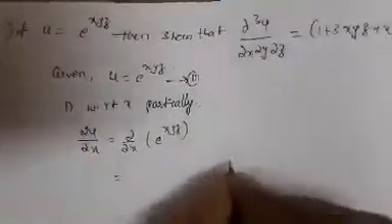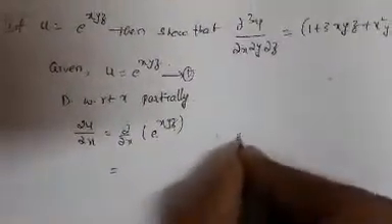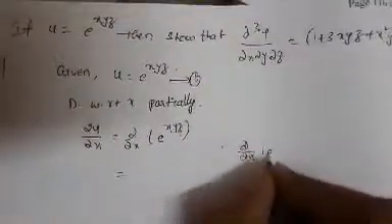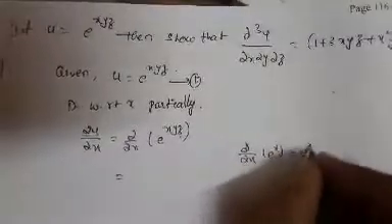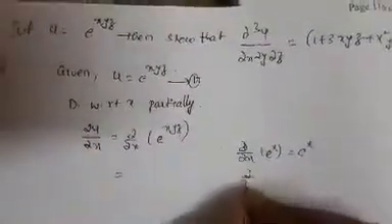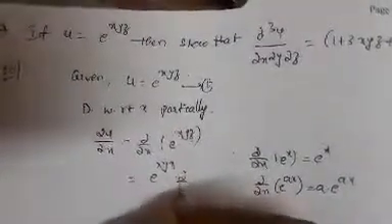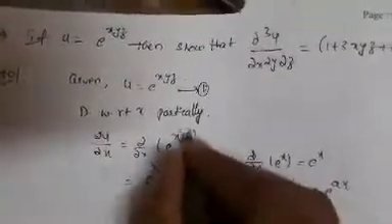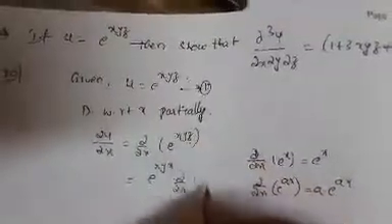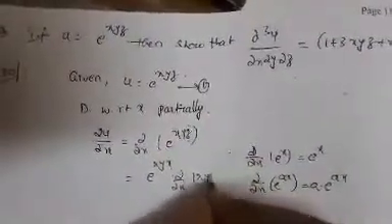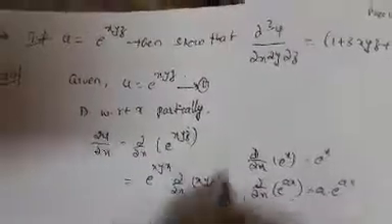So ∂/∂x of e power x equal to e power x. In the same way, ∂/∂x of e power ax equal to a into e power ax. So from that, e power xyz into ∂/∂x of xyz, treating xyz like the exponent.